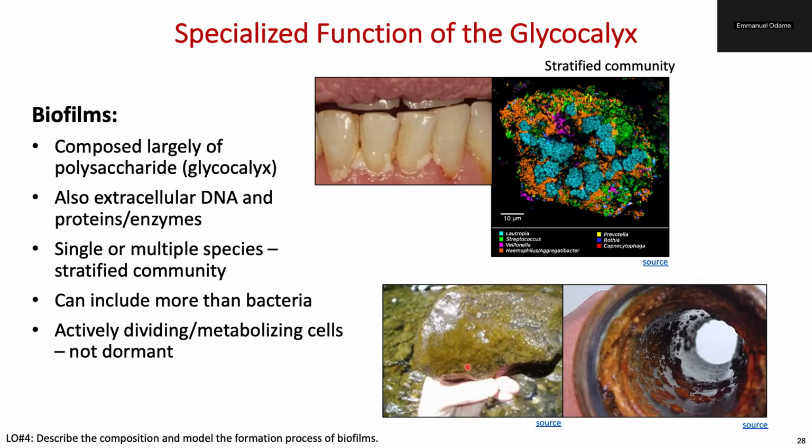That's basically a lot of bacteria forming biofilm, and it just looks slimy or shiny when you see it. So it's actively present in dividing or metabolizing cells. And this is another example, someone's teeth if you don't brush well, and there's a lot of bacteria forming biofilms.